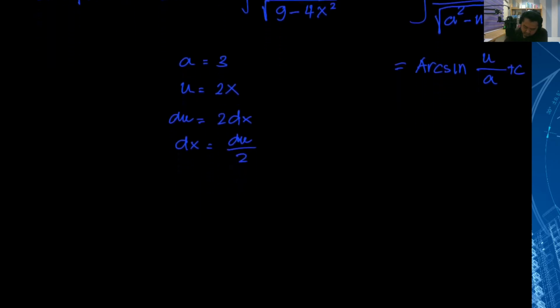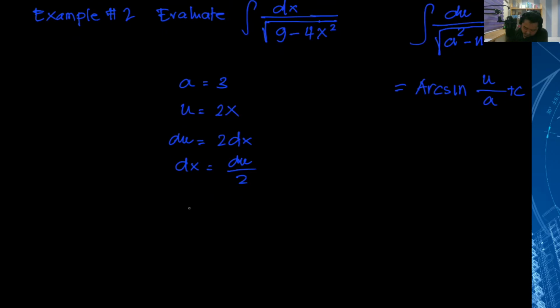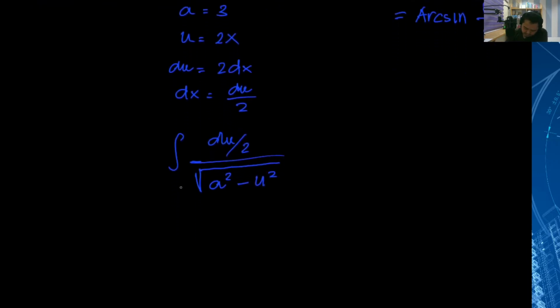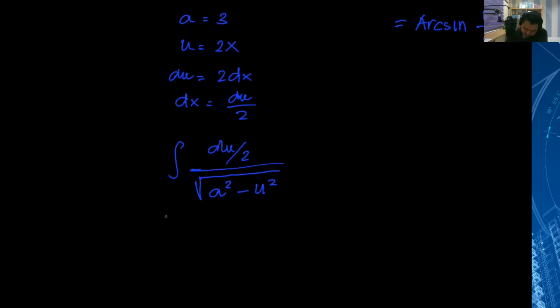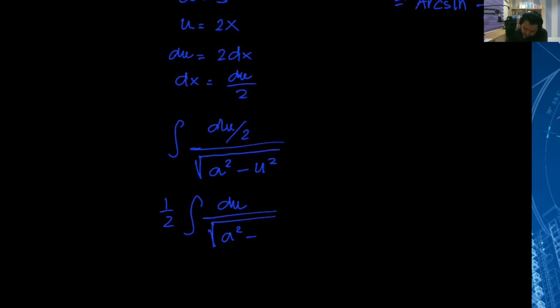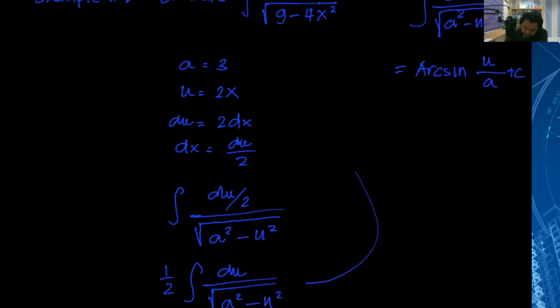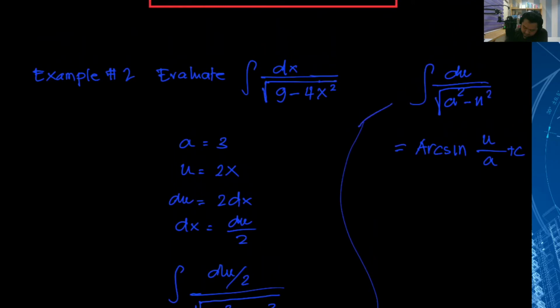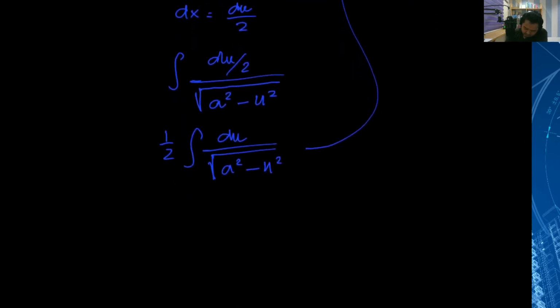Substituting our values of u and du into the original equation, this will be du over 2 over the square root of a squared minus u squared. Therefore, we can factor out 1/2, giving 1/2 integral of du over the square root of a squared minus u squared. This is now in the form of our formula, so we can apply the formula for integration.